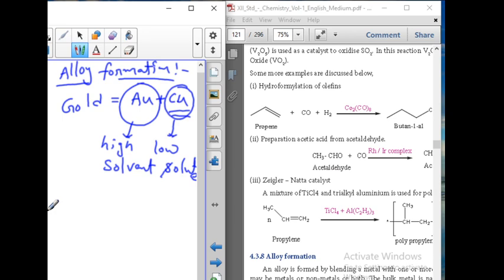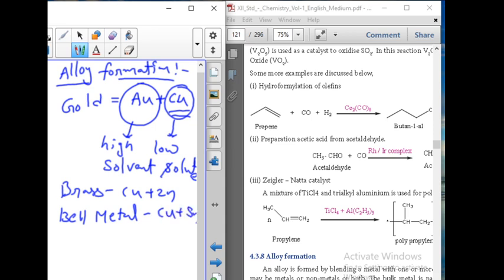Some of the important alloys are brass. Brass is an alloy of copper plus zinc. Bell metal is an alloy of copper and tin.